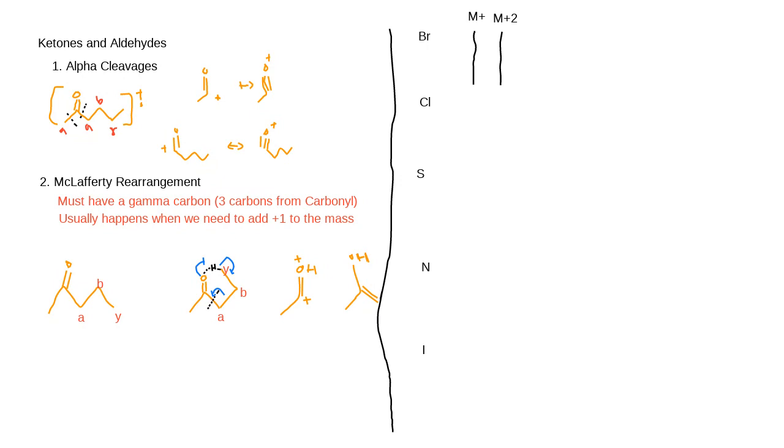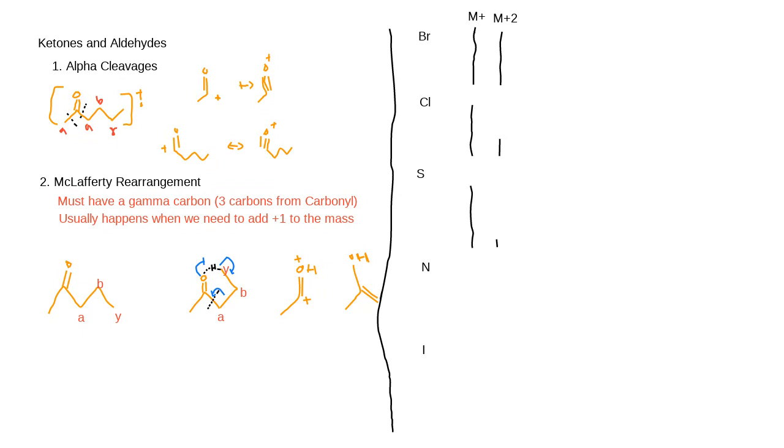Okay, it's not identical, so let me make this a little bit longer, but it's roughly the same. Now for chlorine, it's going to be 1/3 the size. So if M plus looks like that, M+2 is going to be this tall. Okay, so that's roughly 1/3. Sulfur is going to have a 90 to 10% ratio. If your M plus looks like that, your M+2 will look something like that.